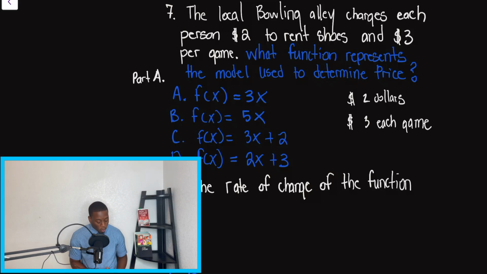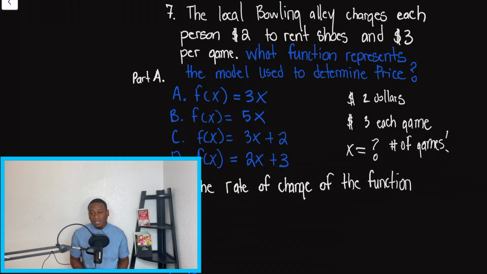So what we need to understand is that our variable, right? What would x stand for? What is something that we do not know? And that answer is we do not know the number of games, right? That's one piece of information we don't know. We know the price per game, and we know they have to pay $2 to play.